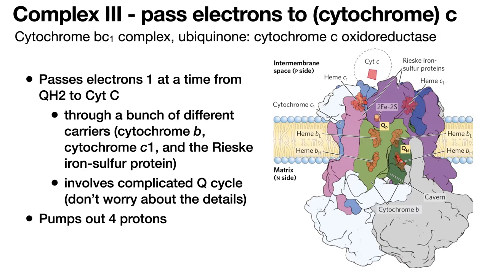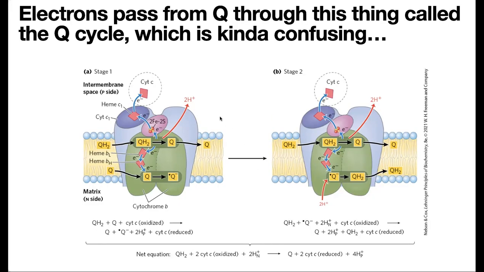So there's this thing called the Q cycle. I don't need you to worry about the details. Bottom line is we're going to be passing those 2 electrons from QH2 onto 2 cytochrome Cs and pumping out 4 protons. But it's not going to be as simple as just doing it straight like that. We're going to do it in a couple of cycles.